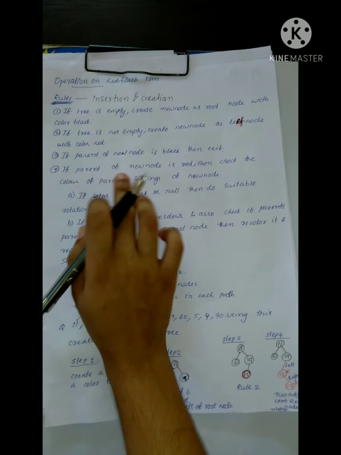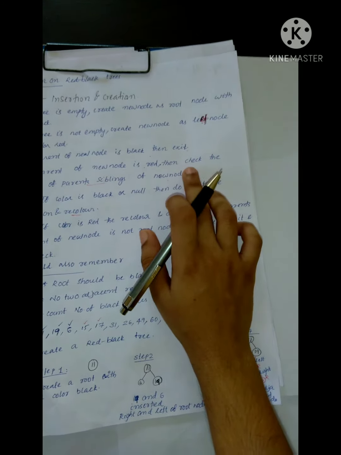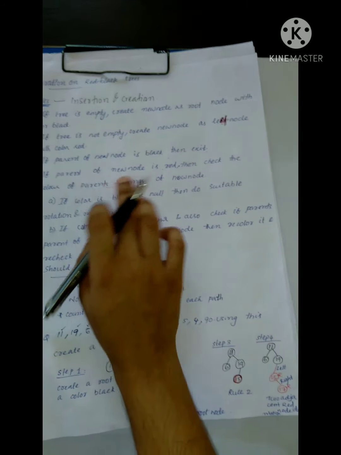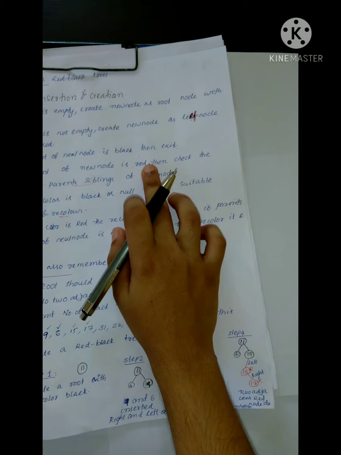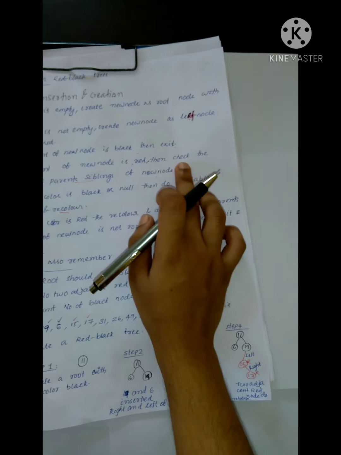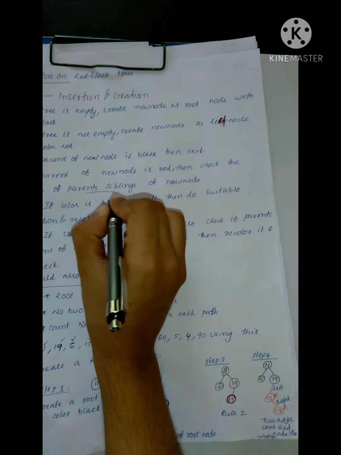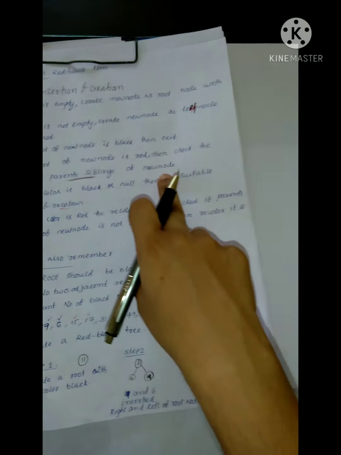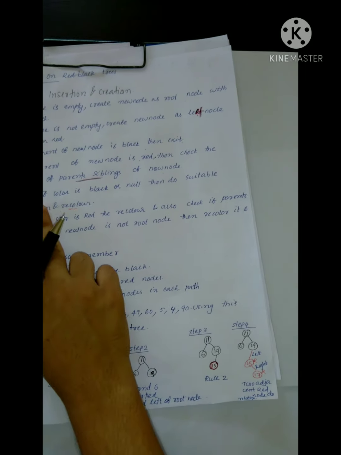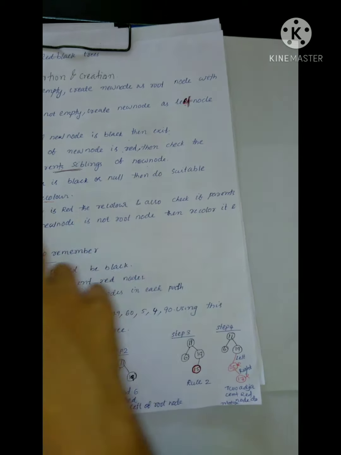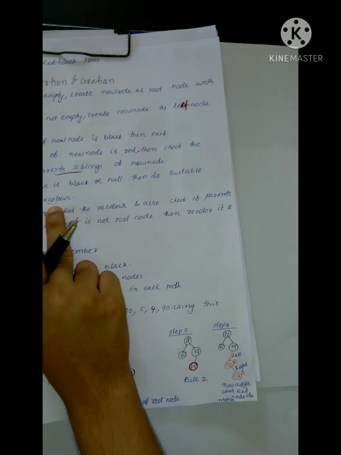Fourth rule: if the parent of the new node is red, then check the color of the parent's sibling of the new node. If the color is black or null, then do suitable rotation and recolor.